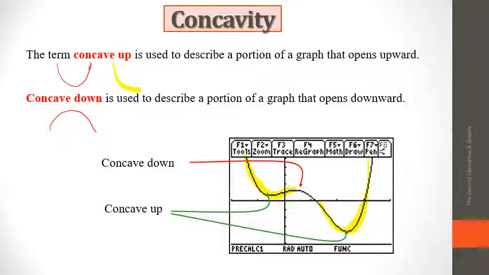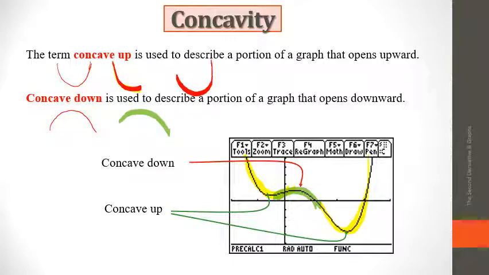Okay, so we have concave up and concave up. Now, right in the middle there, it changes to concave down. So right here is concave down, and you can kind of see that part of a sad face.